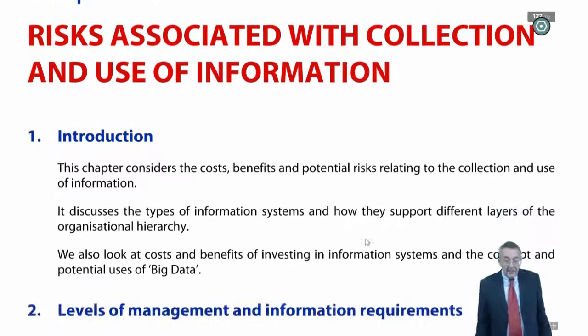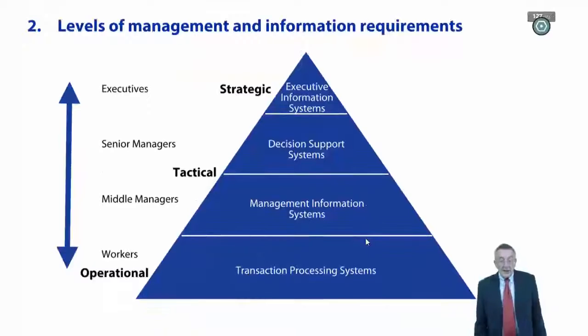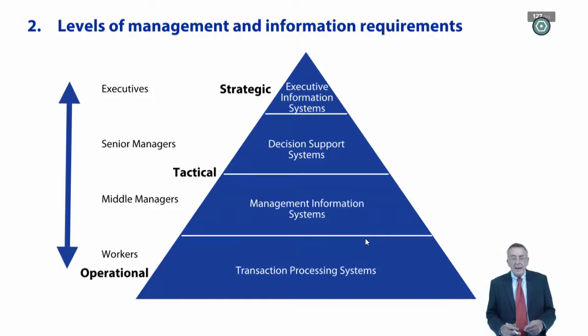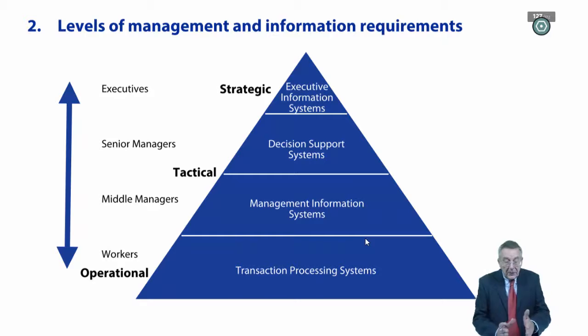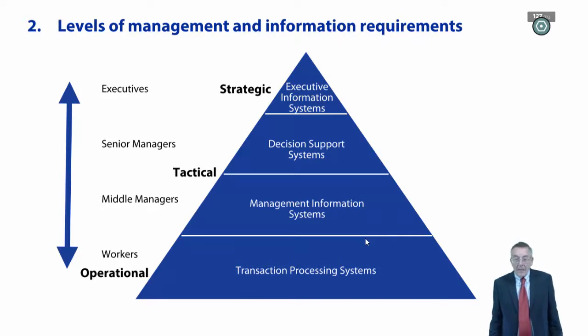So, several things here. First of all, you'll see that pyramid. We're referring to different levels of management and the sort of information they require. Now, we'll go through the individual bits of this in the later pages, and we can keep referring back.